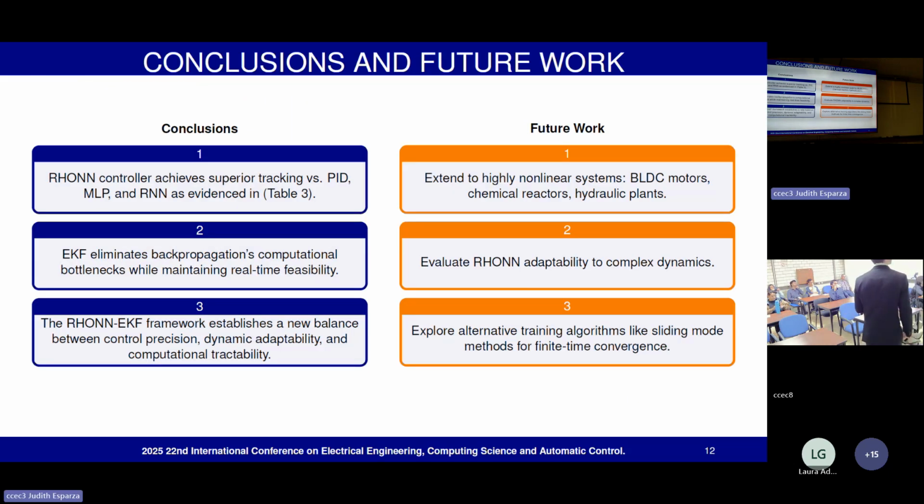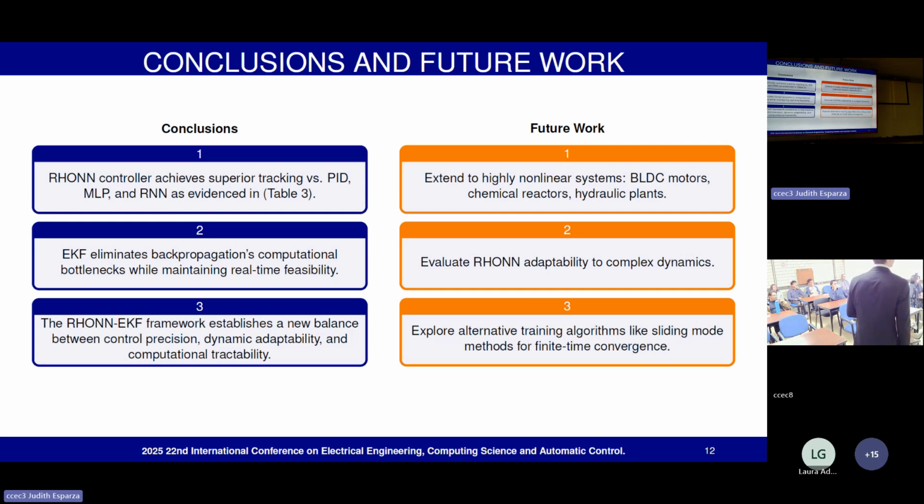Finally, we have conclusions and future work. Starting with conclusions, recurrent high-order neural network controllers have superior tracking compared to PID controllers, multi-layer perceptrons, and recurrent neural networks, as is shown in table 3.